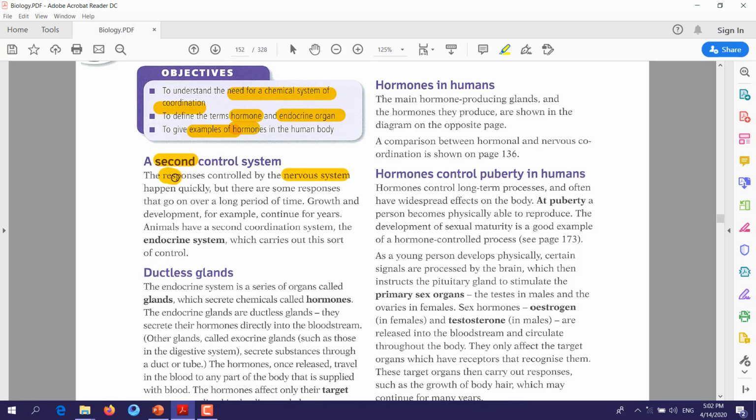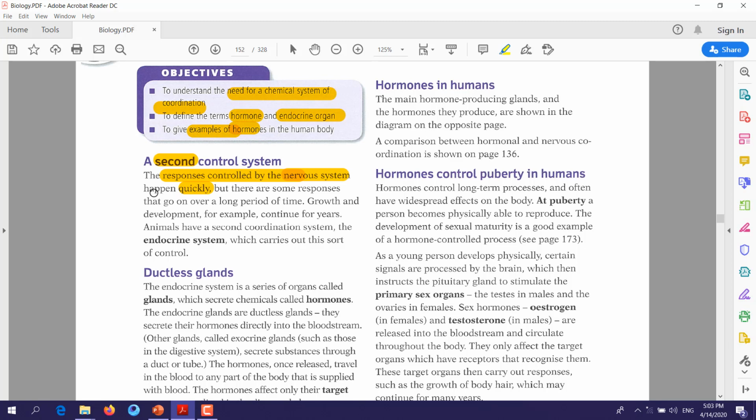What do you think? How are the responses that are controlled by the nervous system? The responses controlled by the nervous system happen quickly. If you remember the table that shows the comparison between the nervous system and the endocrine system.